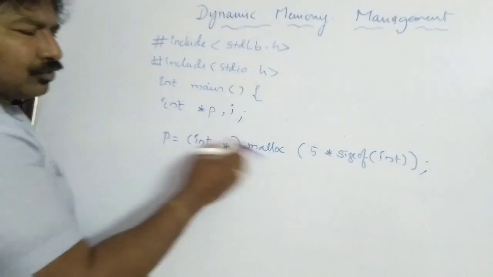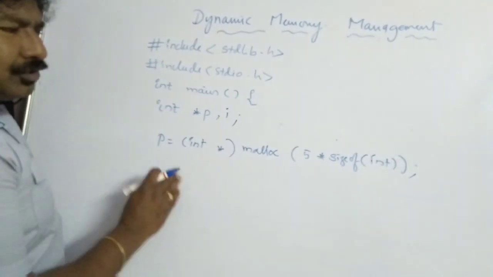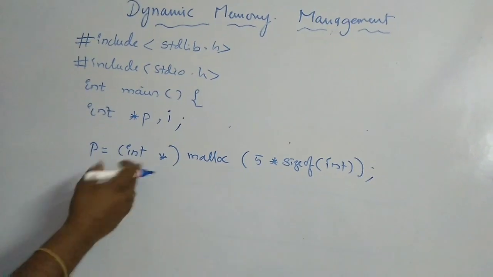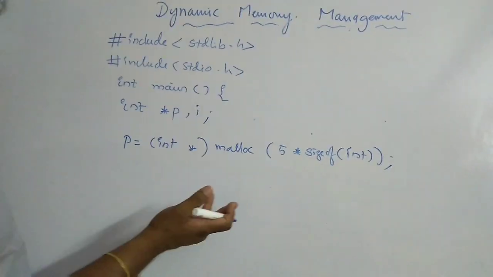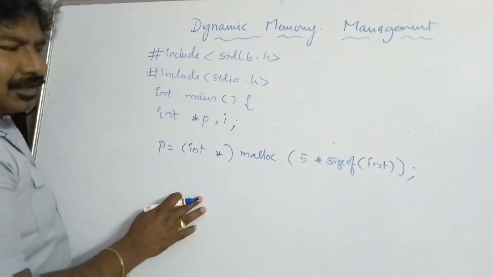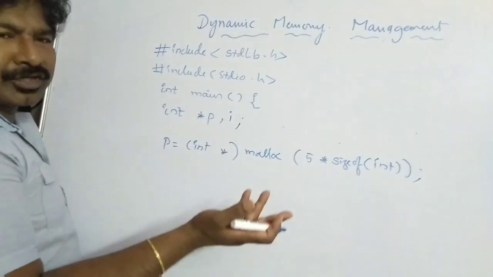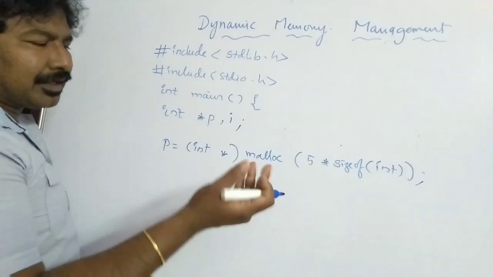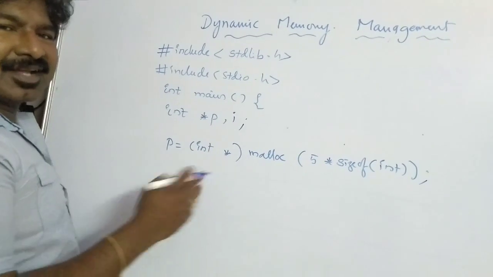Okay friends, whenever you apply this malloc function, you have to do one more thing. You are not sure whether that particular space is allocated for you or not. Sometimes because of lack of memory or lack of free space, the array is not created. In that case, if malloc is unable to allocate any space for you, it will return a null value.